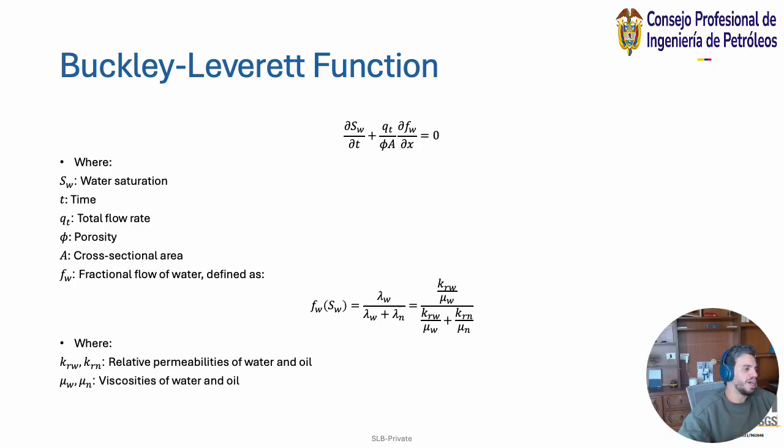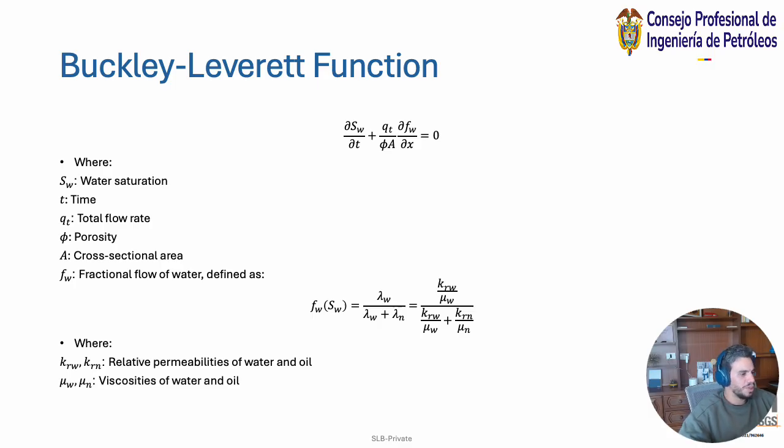And when we want to understand what FW is, because we're going to be taking the derivative of it mathematically, in terms of water saturation you get this lambda function. So you have lambda W over lambda W plus lambda N, and you can expand that using relative permeability functions: the relative permeability of water with respect to the viscosity of water, over the relative permeability of water plus the relative permeability of some other fluid.